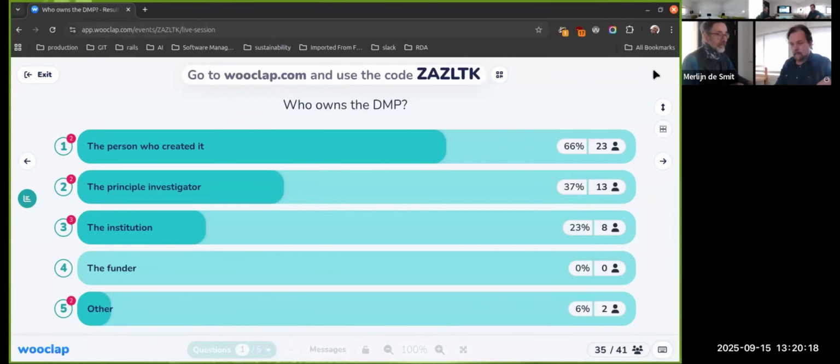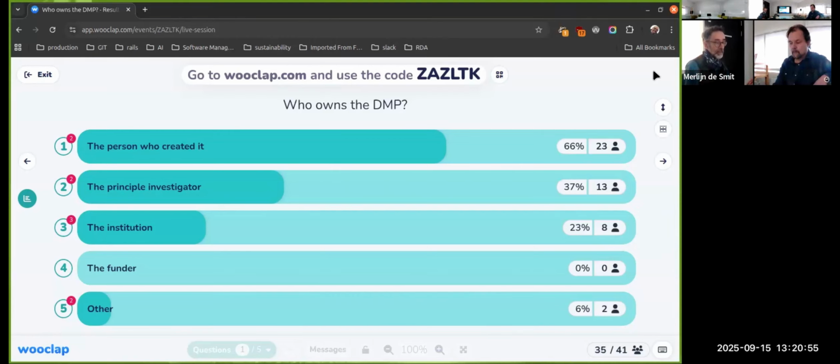Okay, thank you. I would very much agree with the notion that it somehow belongs to the institution where it was created, and with the funding that was given to the institution. But I don't know how important it is. As admins at the institution, we have access to the plans.